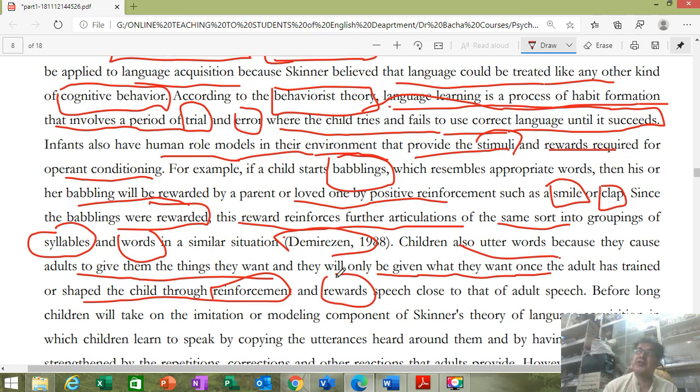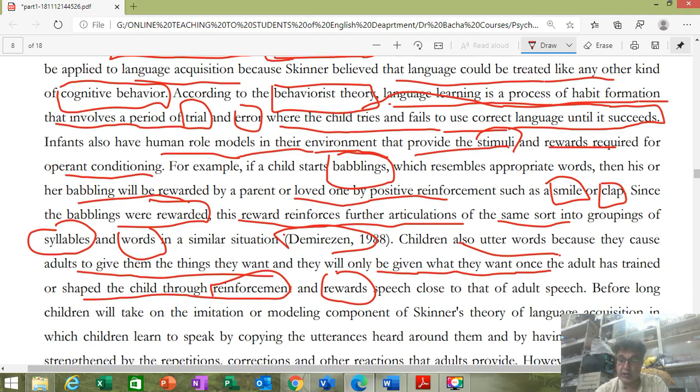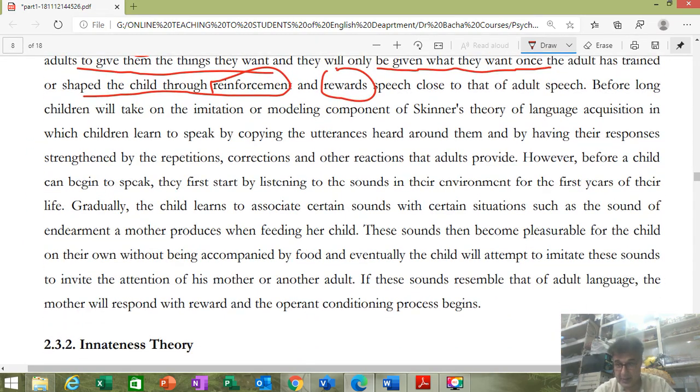In a nutshell, it simply means that when children are rewarded for saying some word or speech, you make the children speak language. So the process of reinforcement and rewards keeps on going to make the children and infants speak.